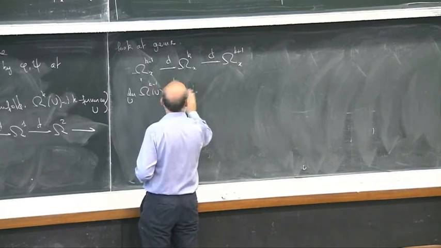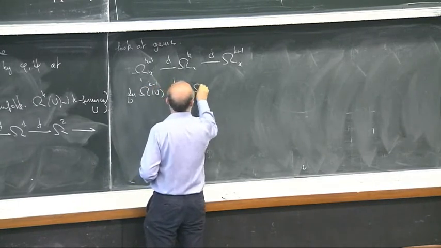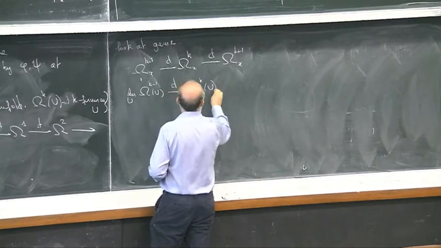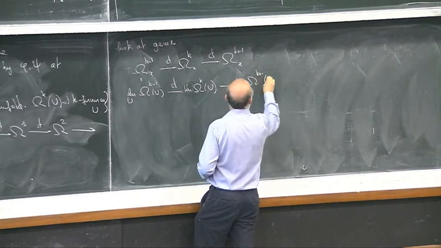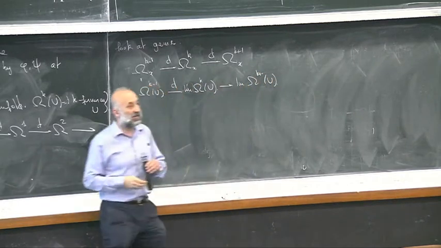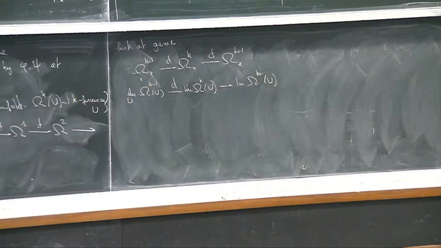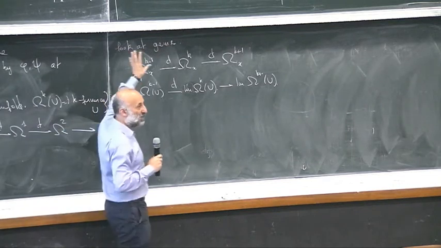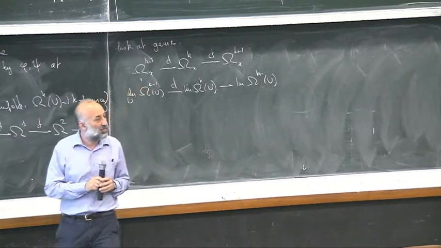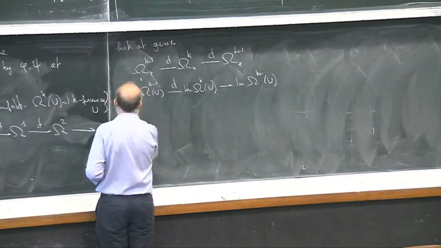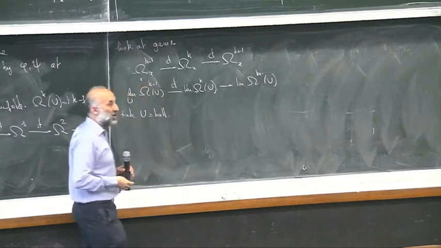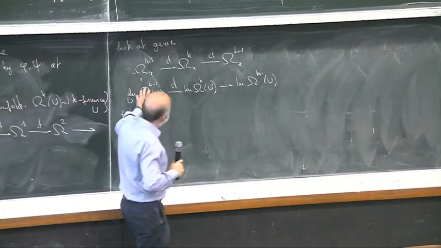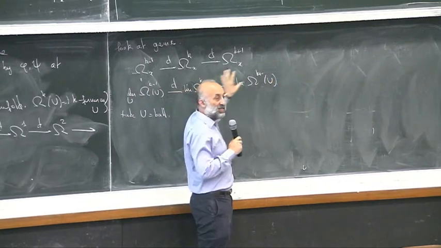This is again the limit of omega k of U, and this is again the limit of omega k plus 1 of U. Now, forget somehow about the limit. Just think of a sequence of sets U, and because I'm in a smooth manifold, I can just take balls. So take U to be a ball, and then in this case, the Poincaré lemma just tells you that this is indeed exact.